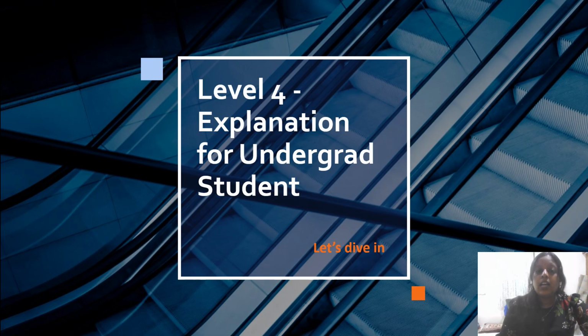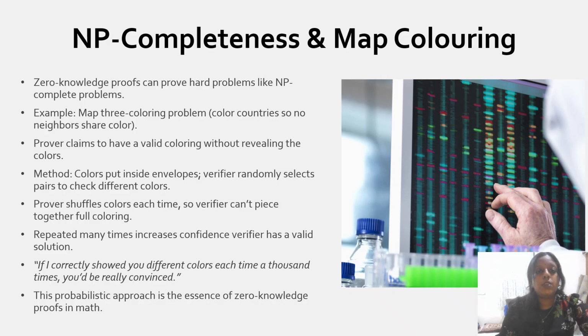Moving ahead to an explanation for an undergraduate student. Before moving ahead, we'll see what NP complete problems are. NP complete problems are a set of complicated problems that can be handled when we know the exact solution for that problem.